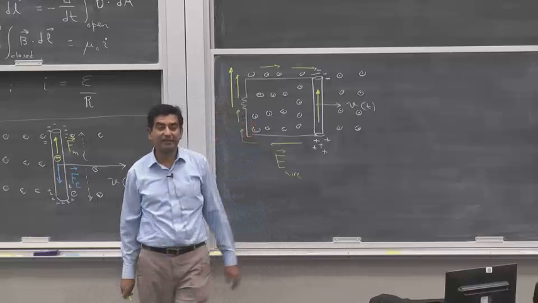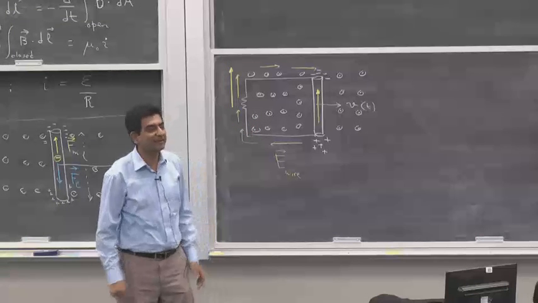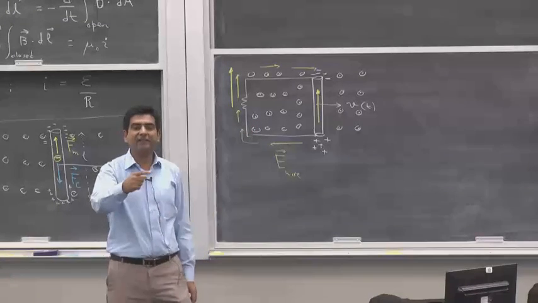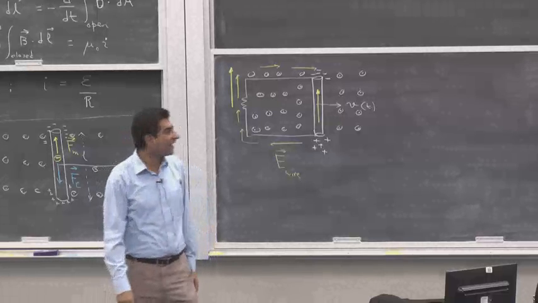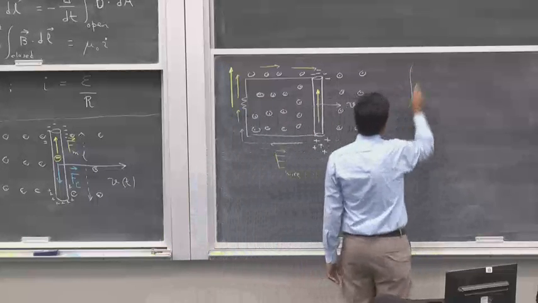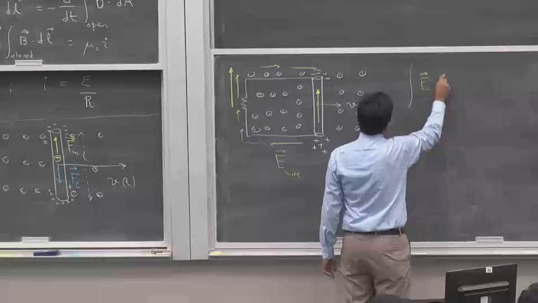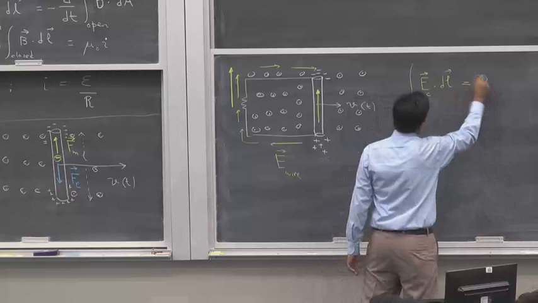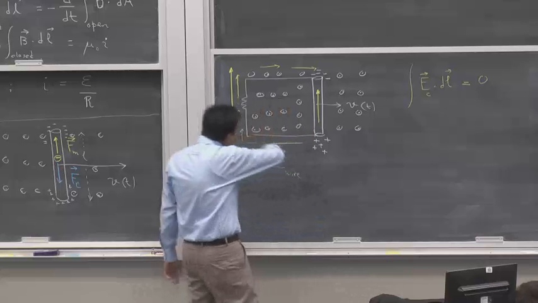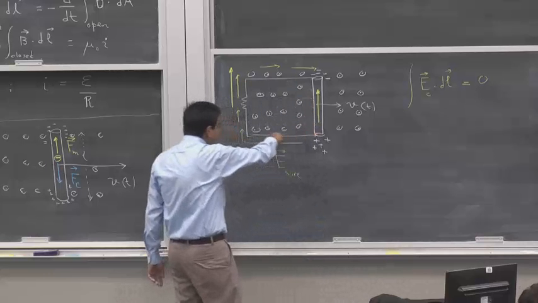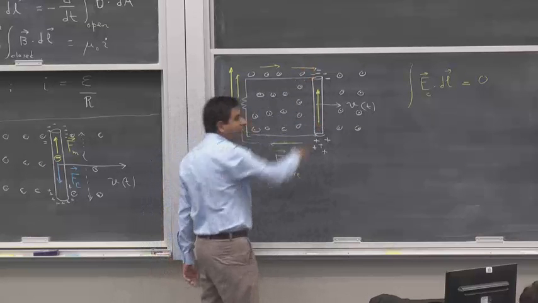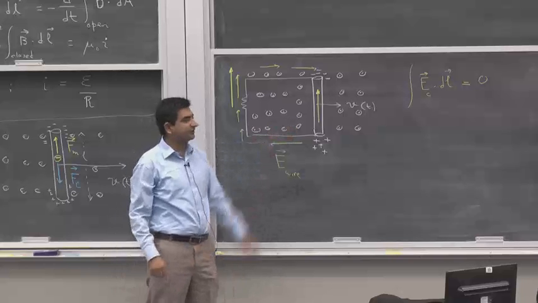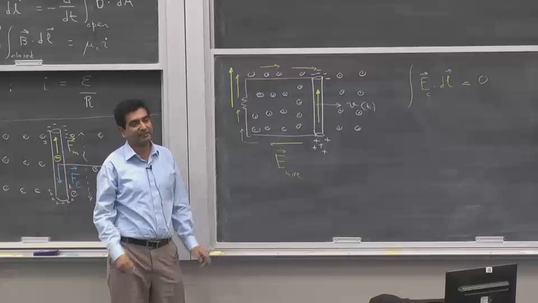That's what happens inside a battery. Inside a battery, the electric field is apparently in the wrong direction. So that's why you have the closed-circuit integral of E dot dl. If this is a Coulombic electric field, this actually goes to zero, because if you go around this circuit, the potential drops, then the potential increases, because the electric field is supposedly in the wrong direction inside the battery.